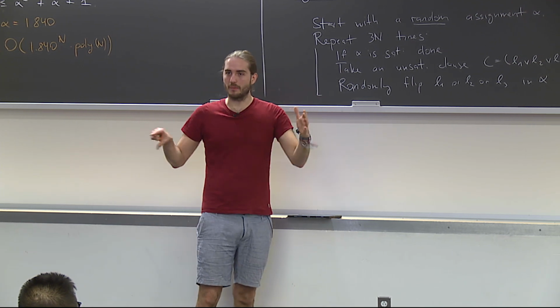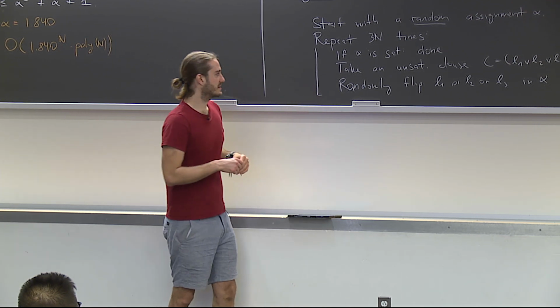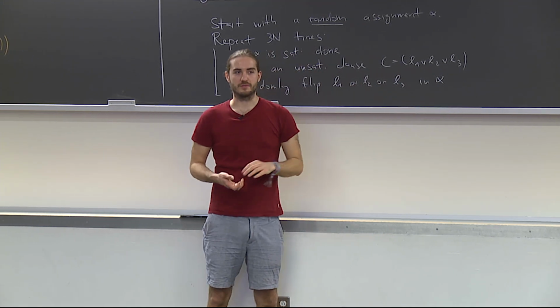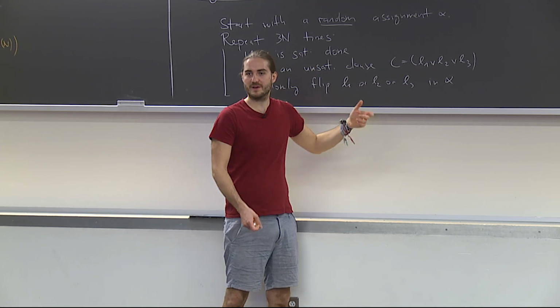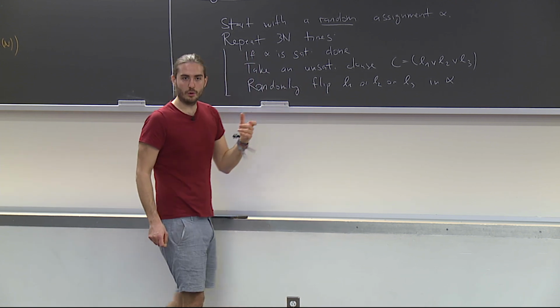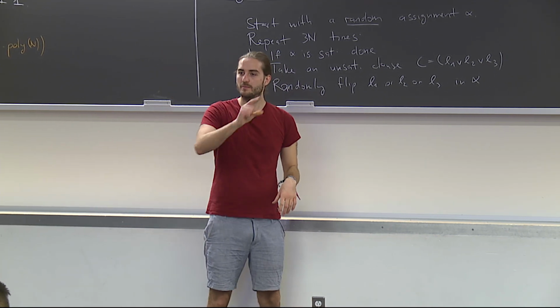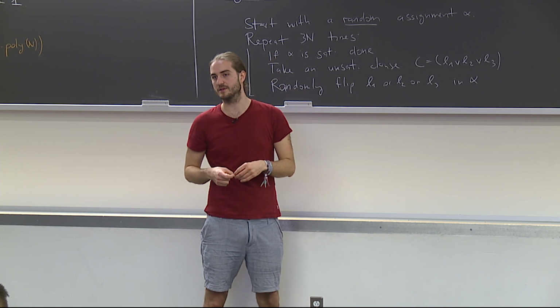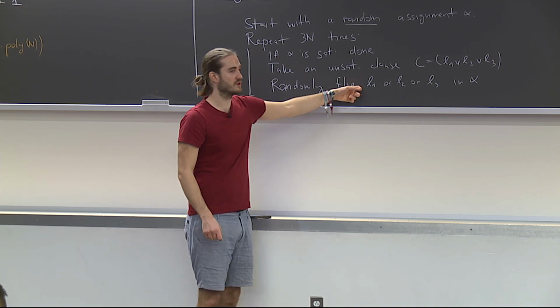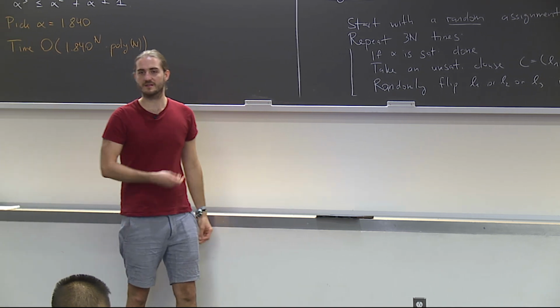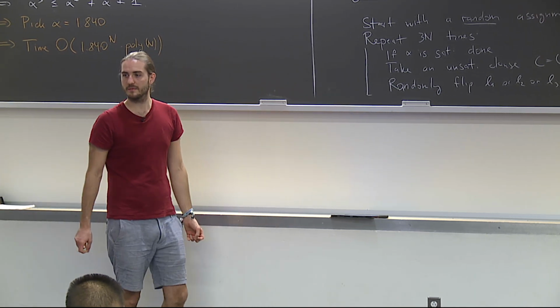Clearly, it differs in either L1, L2, or L3, because the satisfying one has to satisfy this clause. So the hope is that in this step, we pick the right one, the flip which brings us closer to the satisfying assignment, which happens with probability 1/3. Of course, it's not particularly large, but it is something non-trivial. And let's see how we can exploit that.